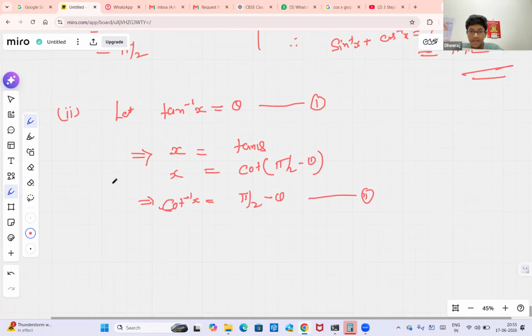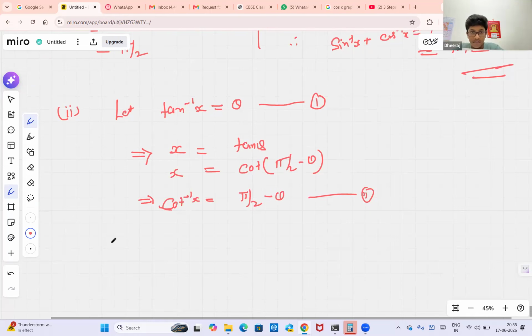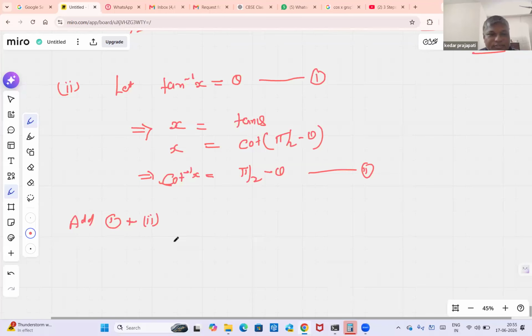Therefore add 1 and 2. It will give you tan inverse x plus cot inverse x is equal to theta plus pi by 2 minus theta. Theta cancels, it is equal to pi by 2.